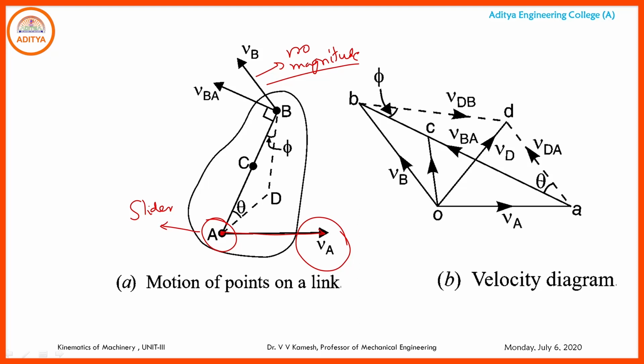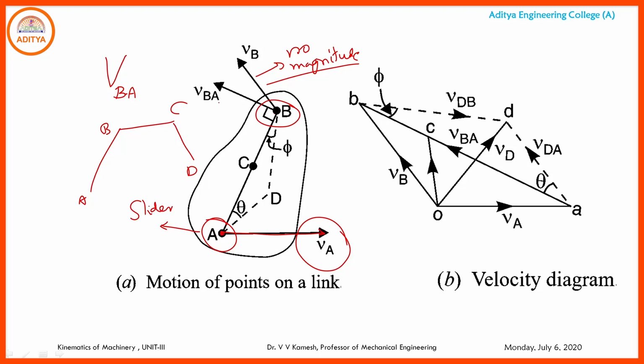So we need to identify what is the magnitude of VB. Moreover, what is the velocity of B with respect to A? VBA. Always in the representation, the primary element is B, and the second, the reference element, should be written here, A. Suppose there are some other links A, B, C, D like this.